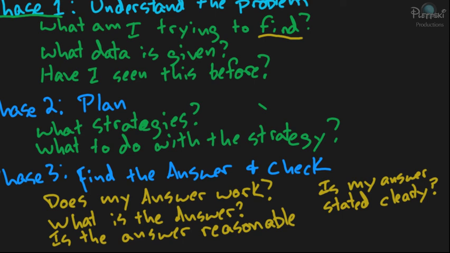Okay, that's an introduction to reasoning strategies. In the next video, we'll take a look at a couple of questions and apply these strategies to see how they would actually work in practice.